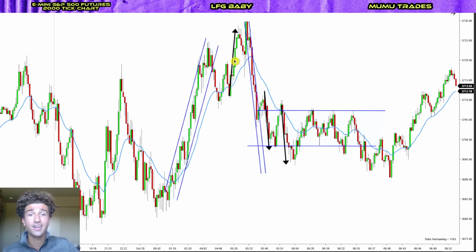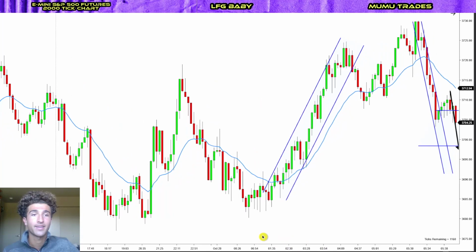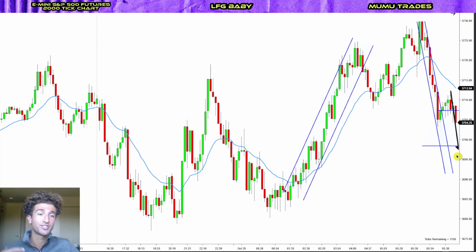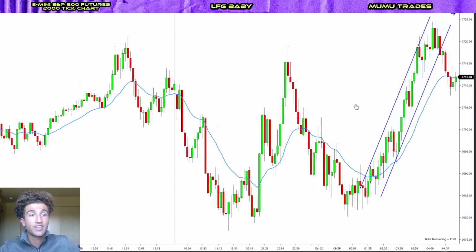The technique that I use to identify these trades is known as the two-legged pullback: first entry shorts, second entry shorts, second entry longs, and I'll show you what I mean by that right now. So we have this uptrend, we have a break, and no new high yet if we're looking at the chart live like this.